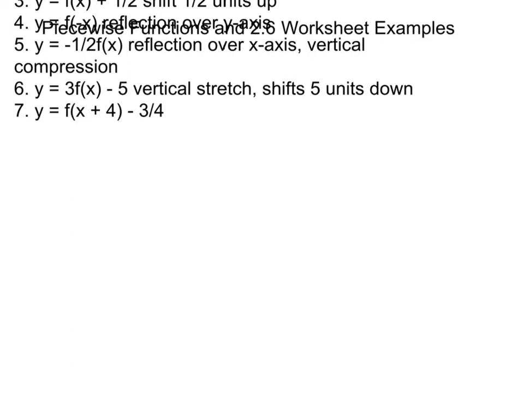So we have a horizontal shift. And remember, horizontal shifts, so we could say shift 4 units left because they shift opposite. And we have a vertical shift. So we say shifts 3/4 units down.